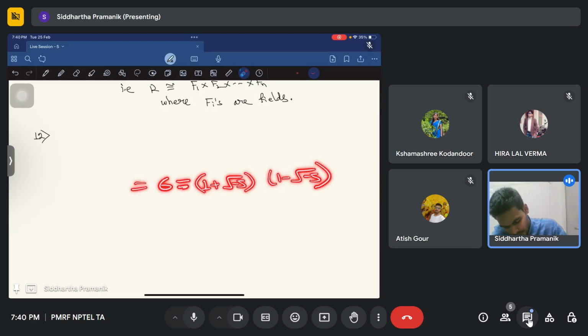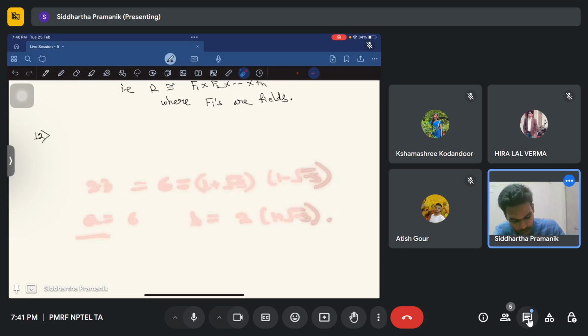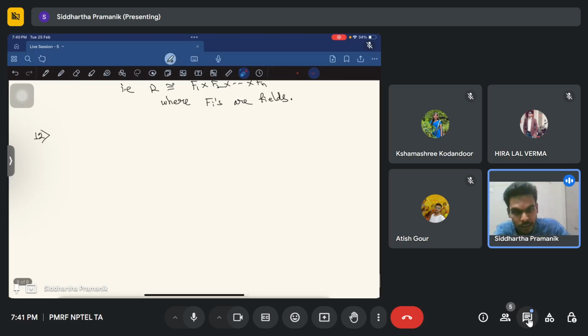This you can write as 2 times 3. Then we have taken a equals 6 and b equals 2 times 1 plus root minus 5. In the lectures we saw that these two elements a and b do not have any GCD, right? But in a UFD any two elements must have a GCD.